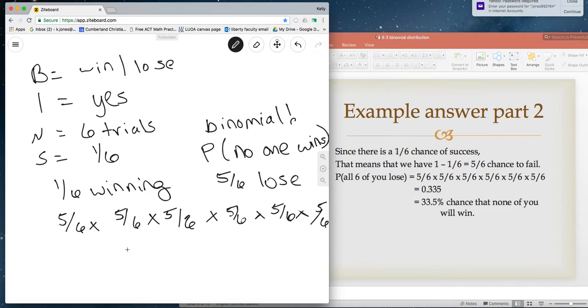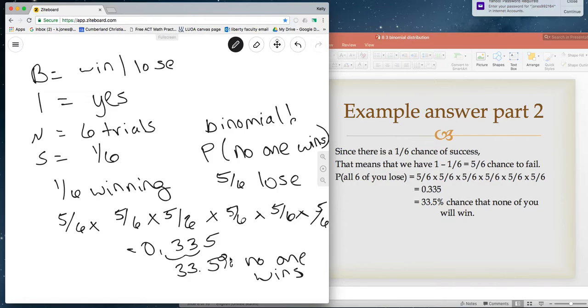So when I put this in my calculator, I got 0.335. And remember, to make it a probability or percent, you just move the decimal place 2 places to the right. So there's a 33.5% chance that no one will win. And so that's just how we calculate that. We just multiplied all the probabilities of everyone losing.